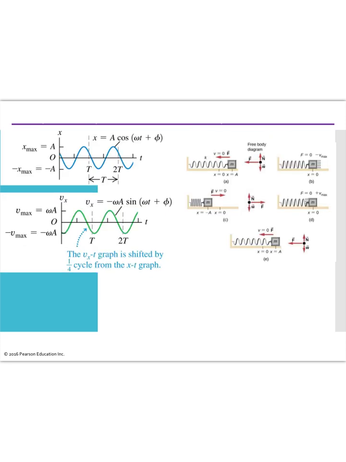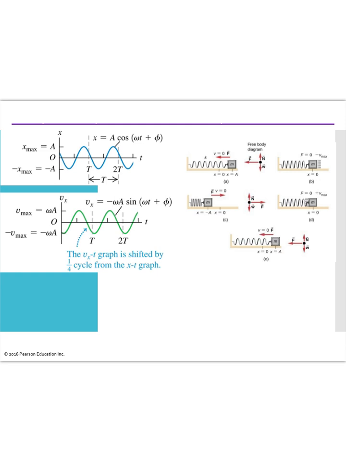Here is a graph of how the velocity and the position are related to each other. I think it might be helpful to compare particular locations.